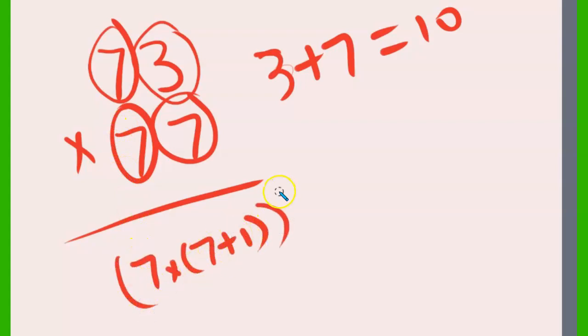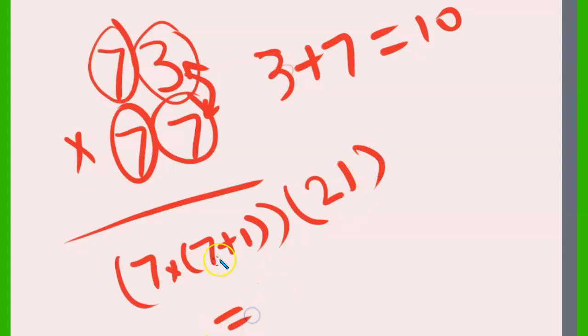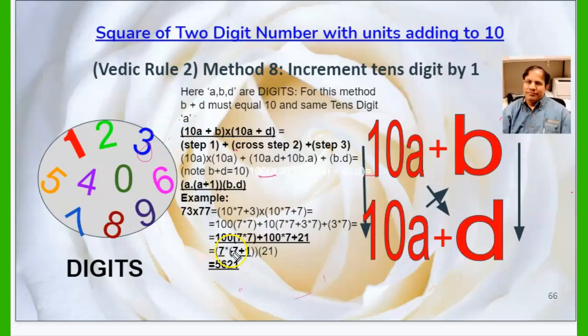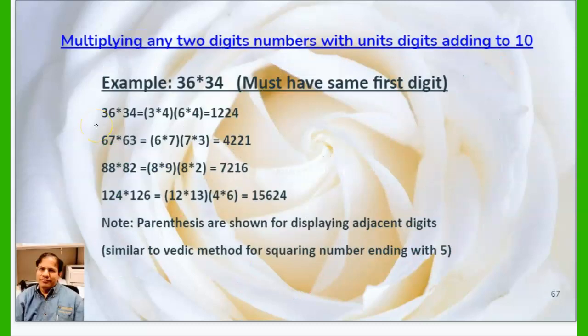That will be the left number, and the right number will be the multiplication of 7 and 3, which is 21. So 7 times 8 is 56, and 21 is the right two-digit number, so we get the answer 5627.